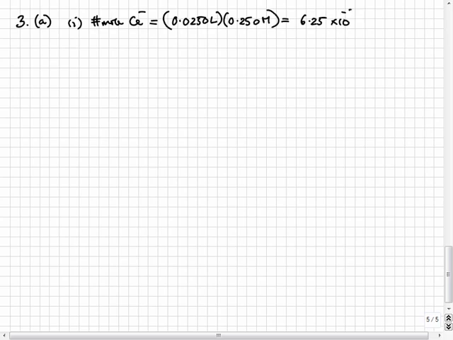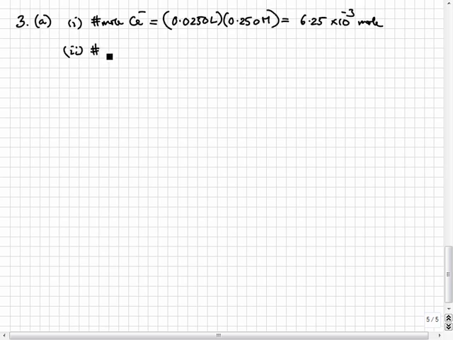(3a) 1. The number of moles of Cl- is the volume in liters multiplied by its molarity. 2.